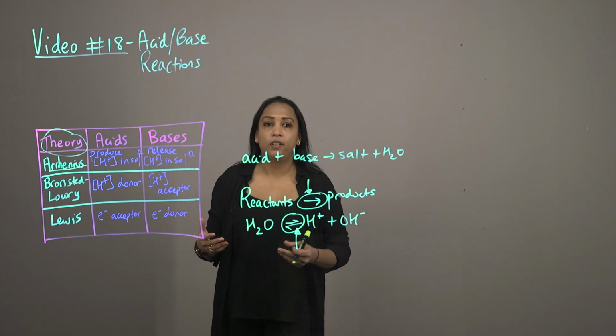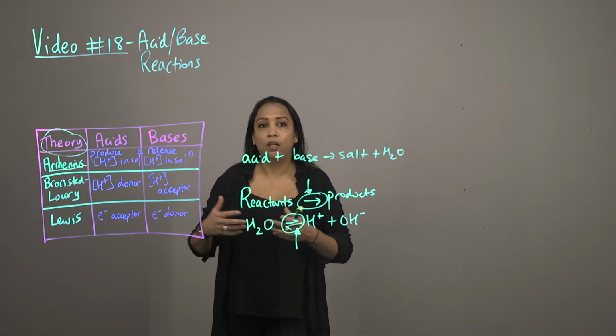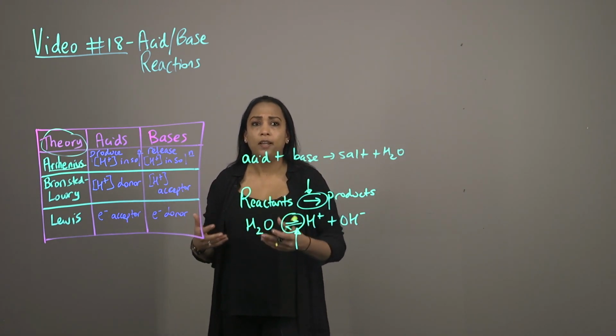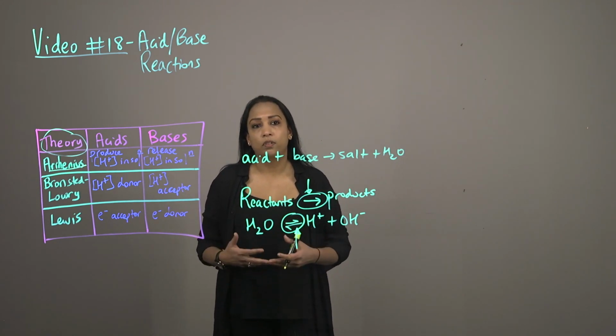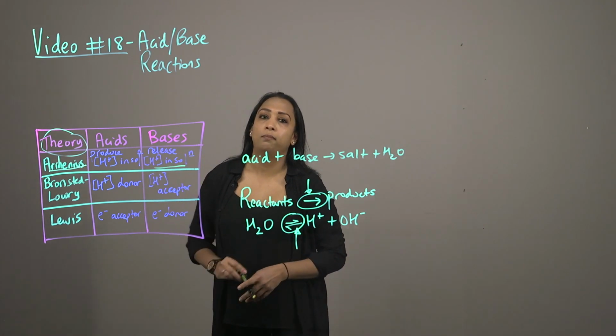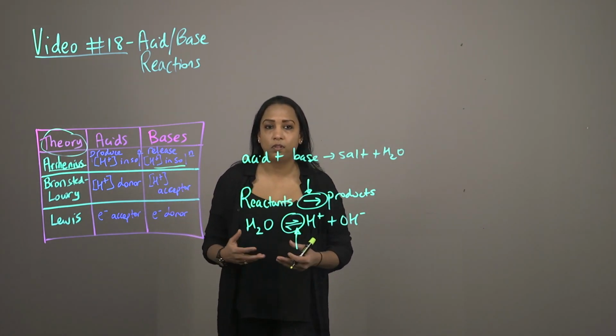And in the previous video, you would recall that we said that pH is a negative logarithmic function of H+ ions. So the higher the amount of H+ ions you have in solution, the more acidic your solution is. On the other side, an Arrhenius base is a substance that releases OH- ions in solution.